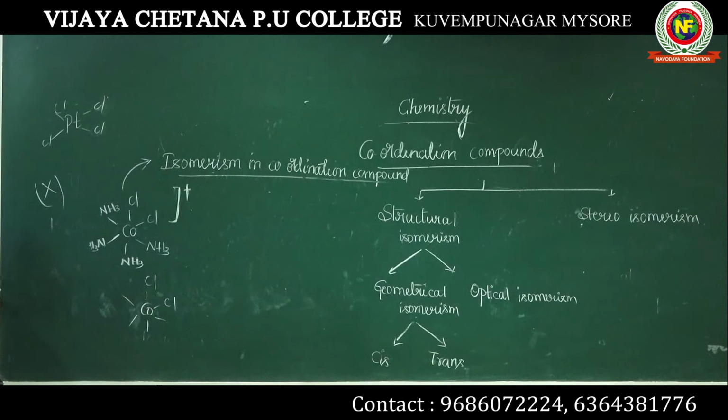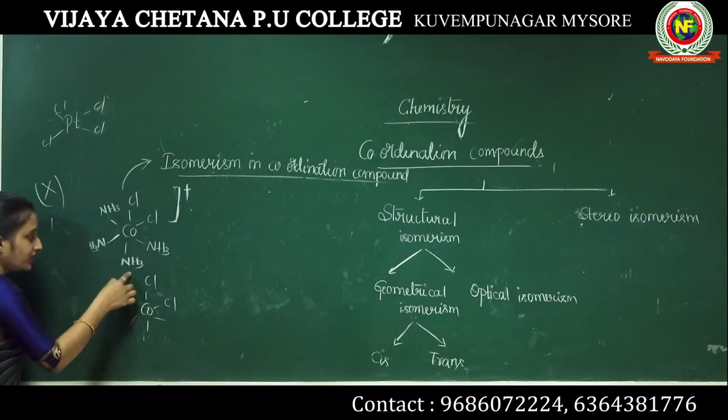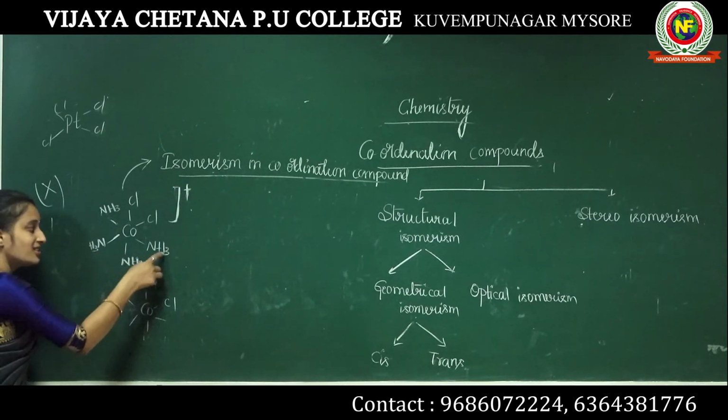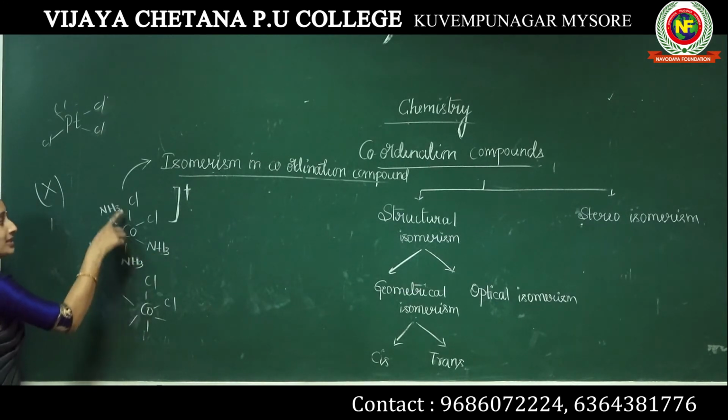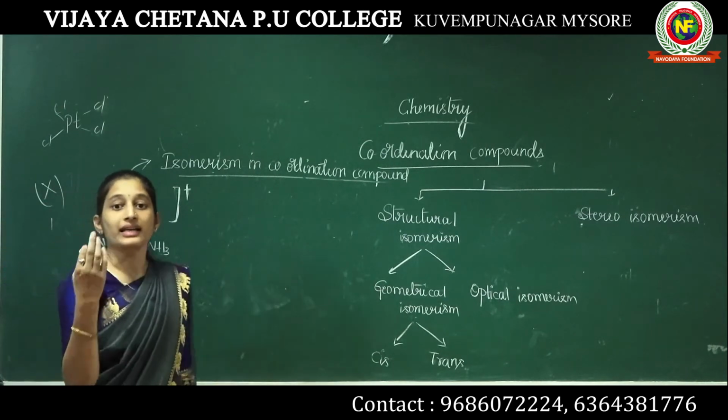So it's a cationic complex. Then what type of geometrical isomer is this? See, NH3 and NH3 are adjacent to each other. Cl and Cl are adjacent. Just assume here four ligands are NH3.